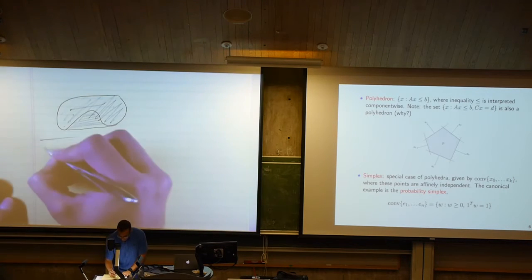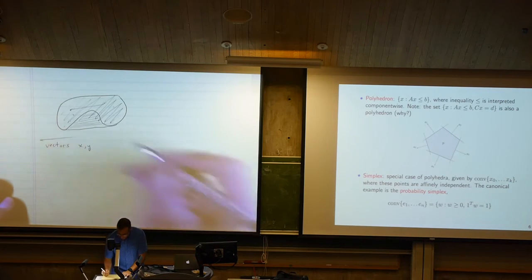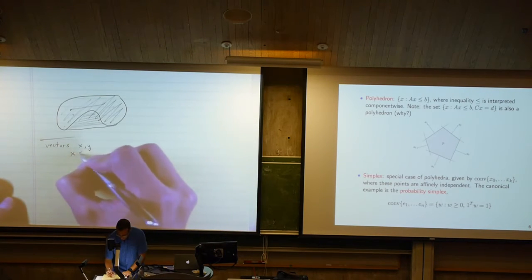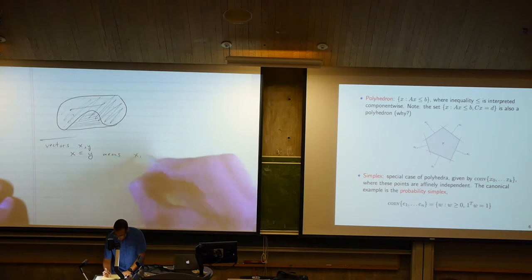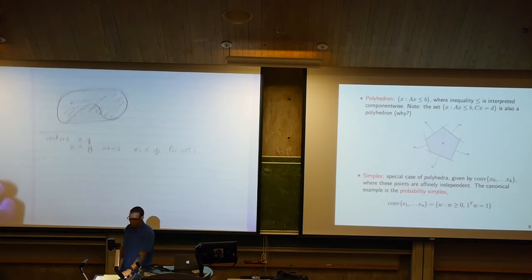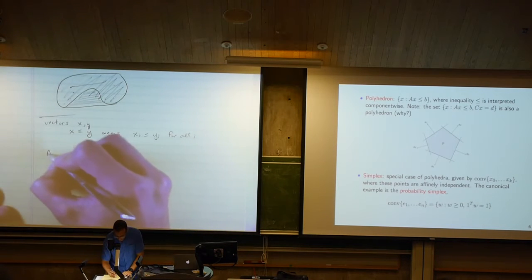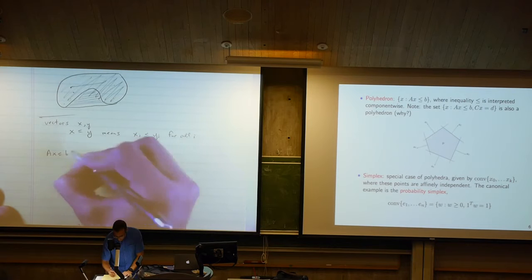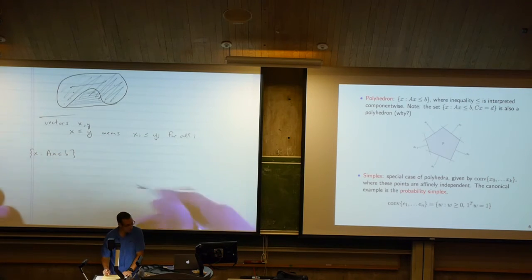If I have vectors x and y, and I say x is less than or equal to y, we mean that xi is less than or equal to yi for all components i. Okay, that's the notation that we're going to use. So by Ax less than or equal to b, the set of all x for which this is true is a polyhedron, right?